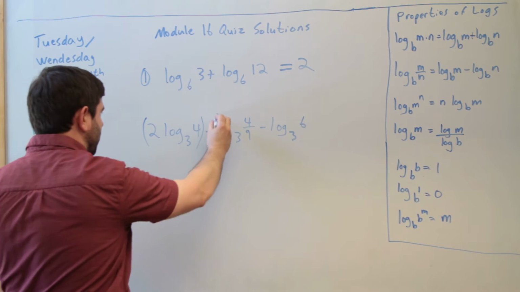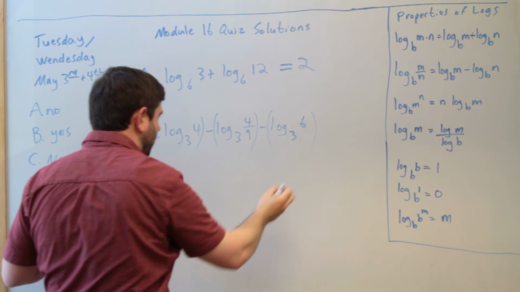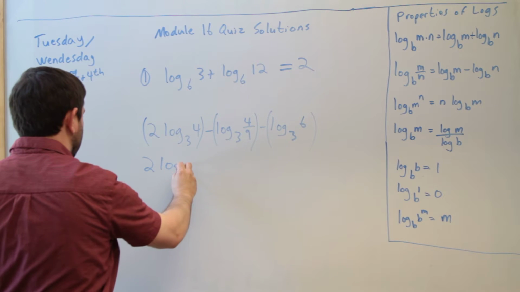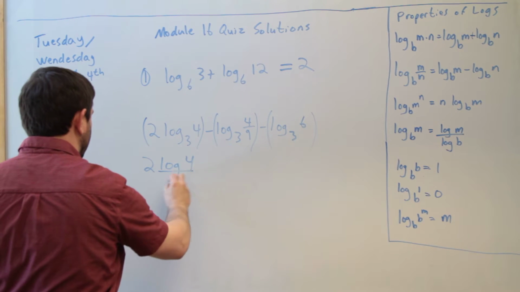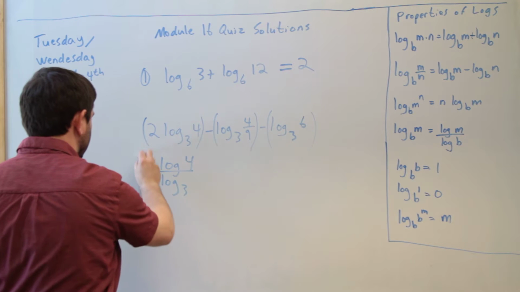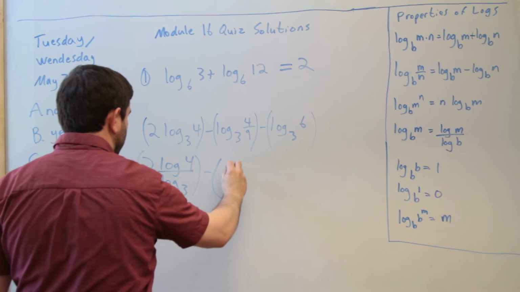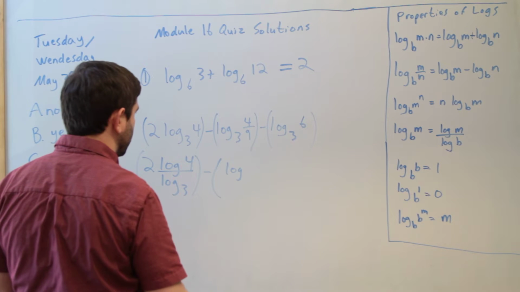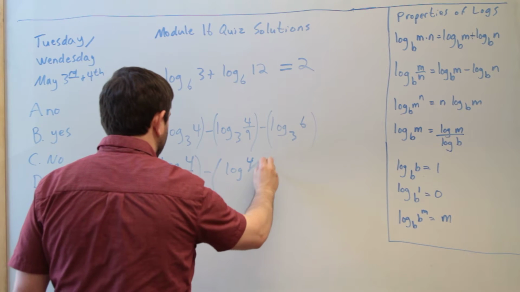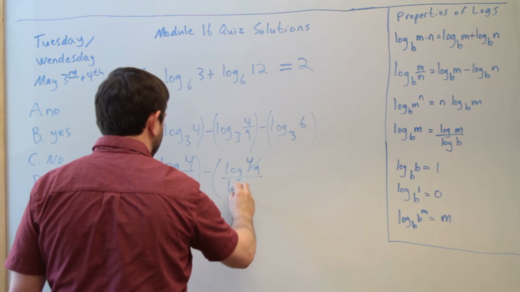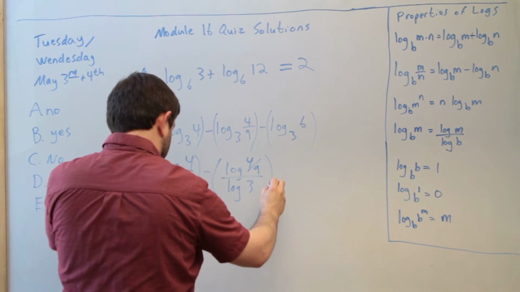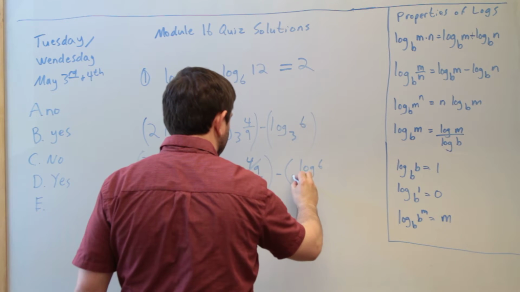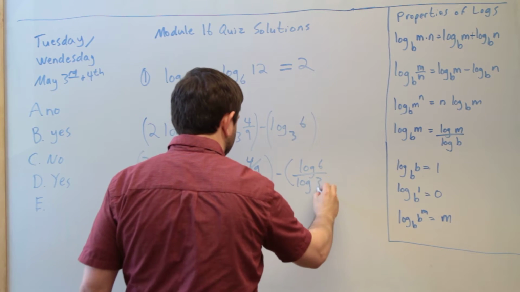I wonder if we can just use our change of base rule. 2 log 4 over log 3 minus log of 4/9 divided by the log of 3 minus the log of 6 over the log of 3.